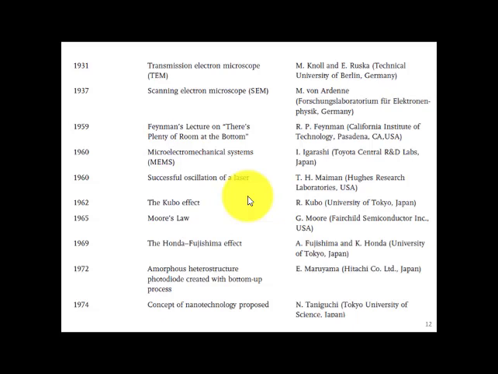Similarly, Moore's law, the Honda-Fujishima effect, all of these effects were concerned with nanotechnology. And 1972, amorphous heterostructure procedures were developed. And in 1974, the concept of nanotechnology was proposed by Tokyo University of Science. This is a complete history of nanotechnology.